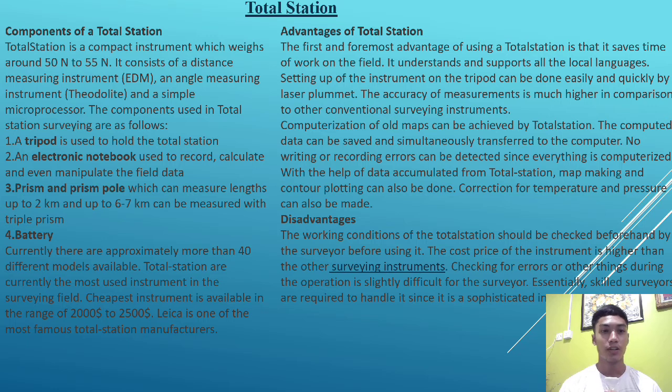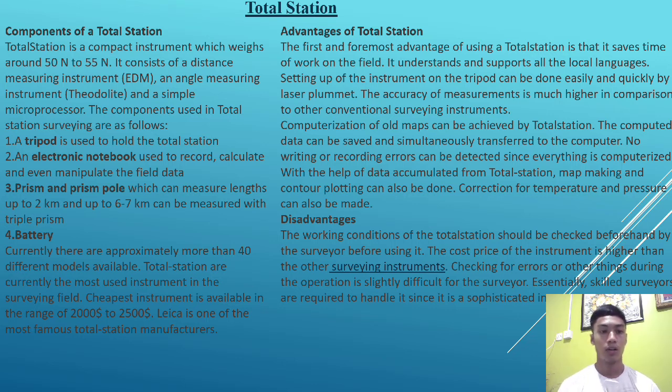A total station is a compact instrument which weighs around 50 Newton to 55 Newton. It consists of a distance measurement instrument, or EDM, an angle measuring instrument, which is a theodolite, and a simple microprocessor.